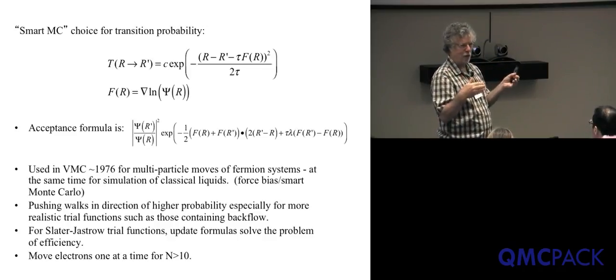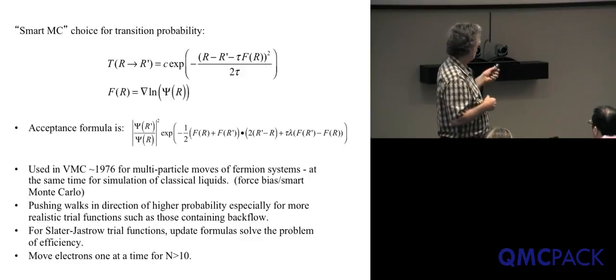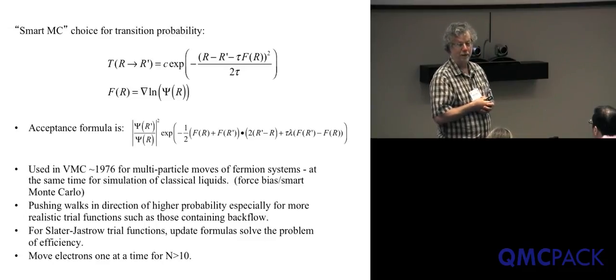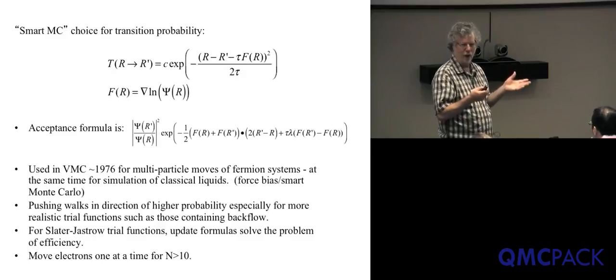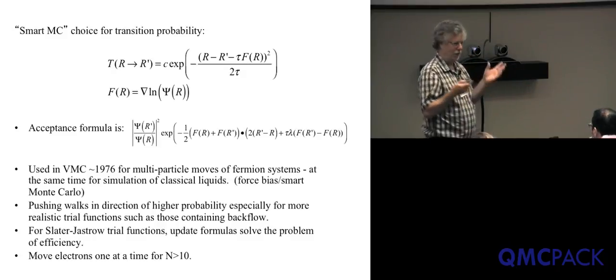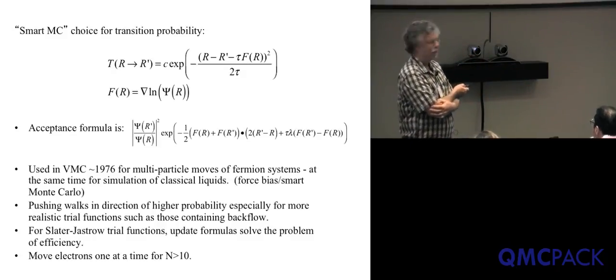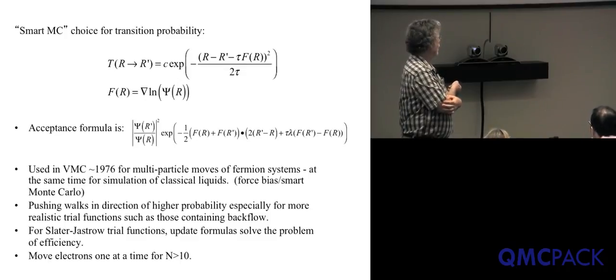Delta was how far you move the electrons. How far do you move these electrons? Well, you move them like the square root of tau. And so, again, if you're working in atomic units, you want to move them on the order of 1 Bohr radius. So the tau would be on the order of 1 in atomic units if you're dealing with a hydrogen atom, for example. So that's on there.